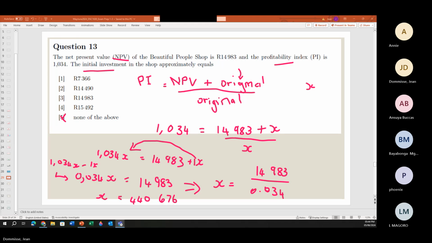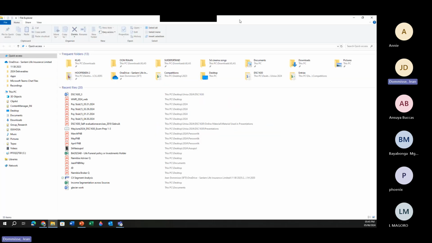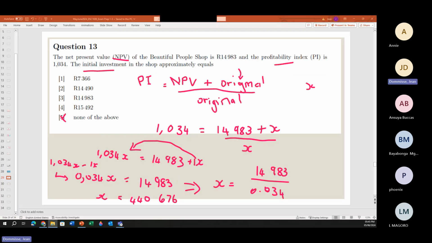No, this is, let me quickly. It's not the sinking funds. Let me open the study guide and see where it is.